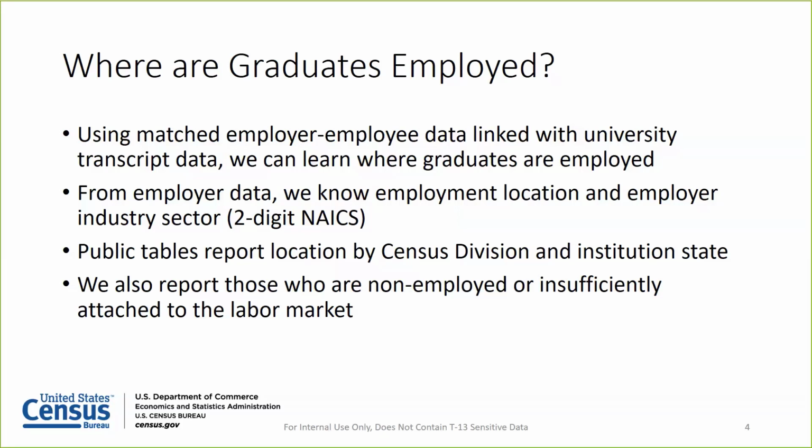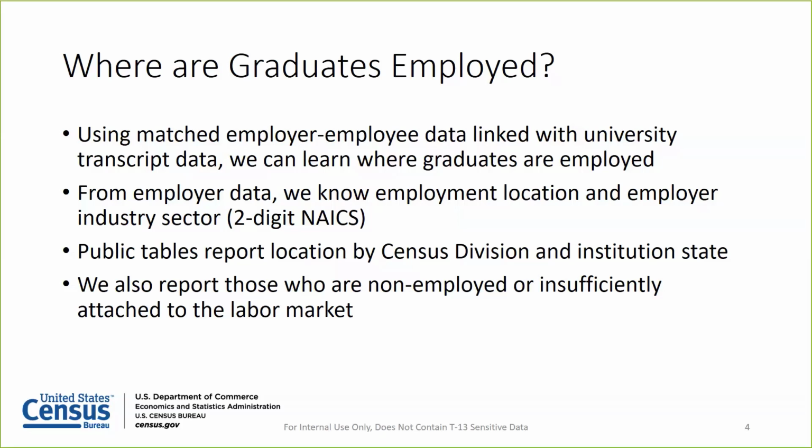From the employer data that we have in-house, we know where an employer is located. We know the state that they're located in, and we also know the industry sector, so that's the 2-digit NAICS for those really big data nerds out there. The public tables that we release right now report location by census division and also by institution state.